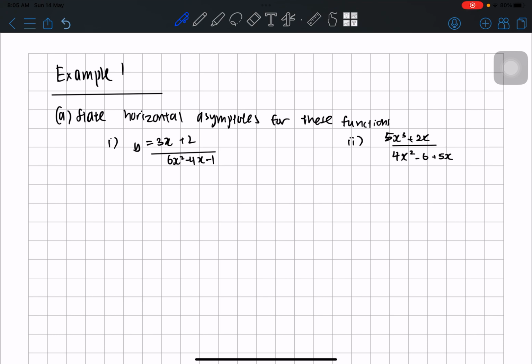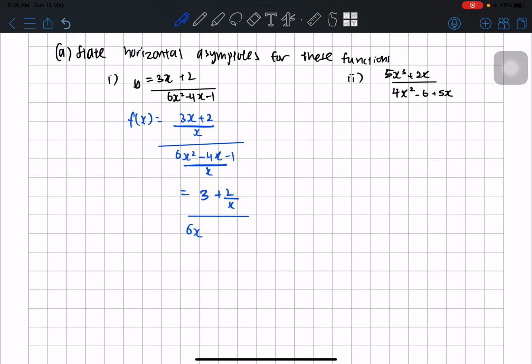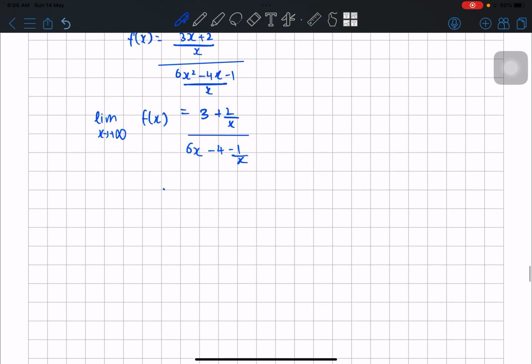Alright, let us move on. So to start off, (3x plus 2) divided by x over (4x minus 1) divided by x. So we will get something like this. From here on, it's just taking the limit to both positive and negative infinity, equated with 0.